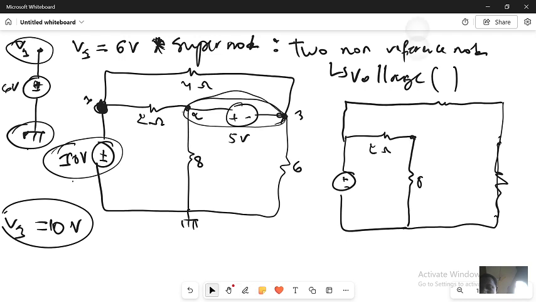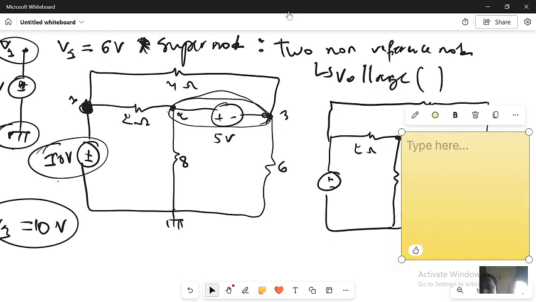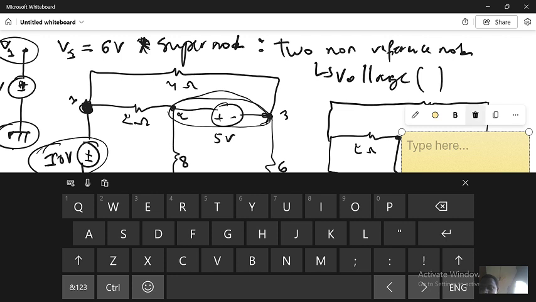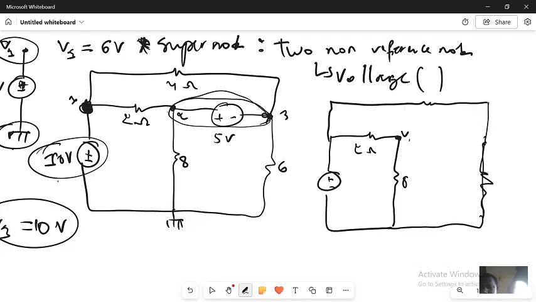Here was my V2, and here was my V3. Now I remove the supernode. You have to remove it, and if I remove it, I will use KCL between the two nodes.